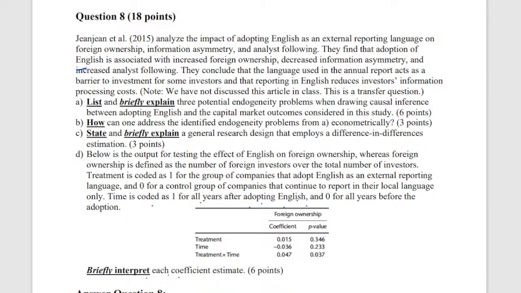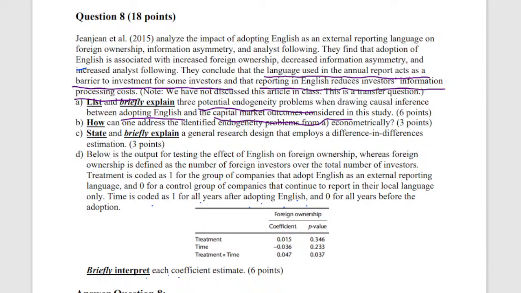In that study they conclude that the language used in the annual report acts as a barrier to investment for some investors, and that reporting in English reduces investors' information processing cost. The question is: we have to list and explain three potential endogeneity problems when drawing causal inference between adopting English and the capital market outcomes.